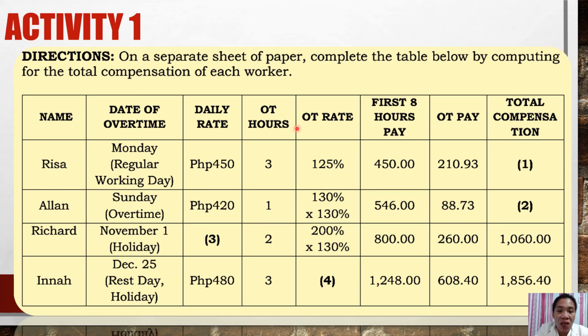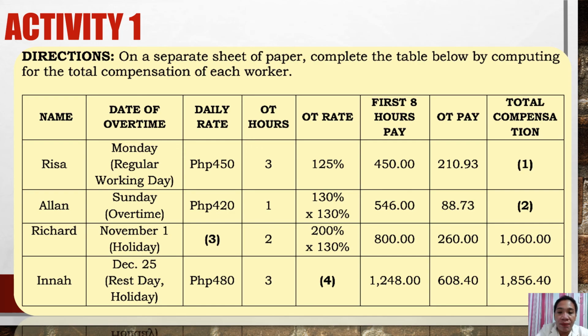This is found in your module, so don't worry, you can have this in your module. Just complete the table. We have here number 1, number 2, number 3, number 4, and number 5.